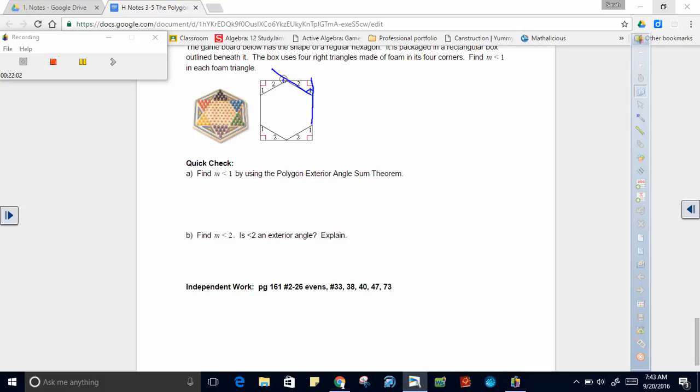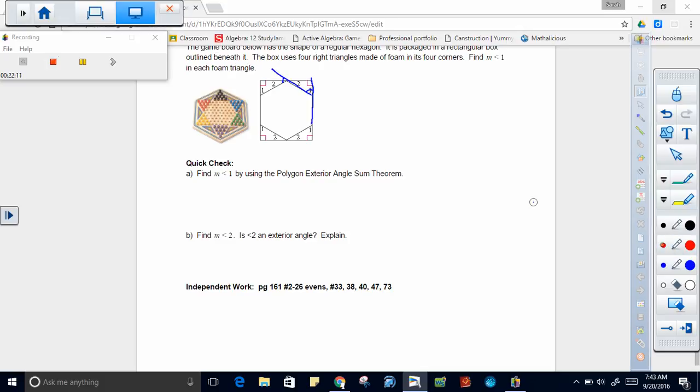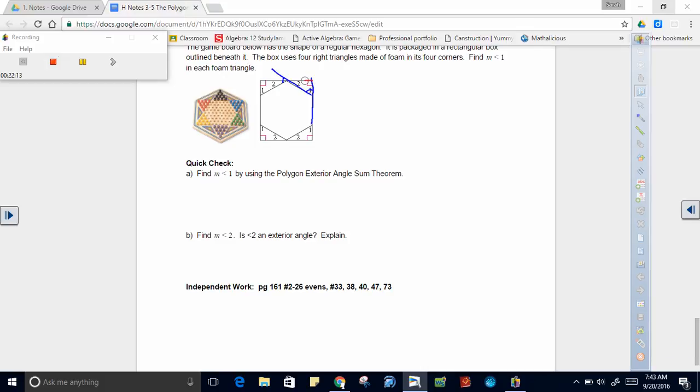Another exterior angle would be right there. This side here that's creating angle 2 is not an extension of a side of the polygon. This is just a random line that they've put there. That is not an extension of this side. So angle 2 is not an exterior angle.